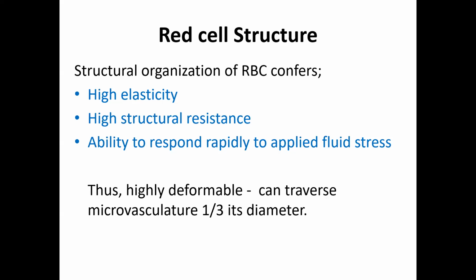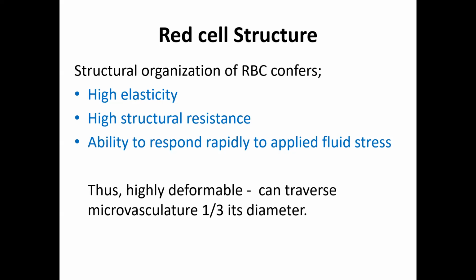So the organizational structure of the red cell, that structure that I have just shown you, confers high elasticity. If you think of an elastic, you're able to stretch it, and when you remove the stretching force, it bounces back to its normal shape, okay? That is high elasticity.